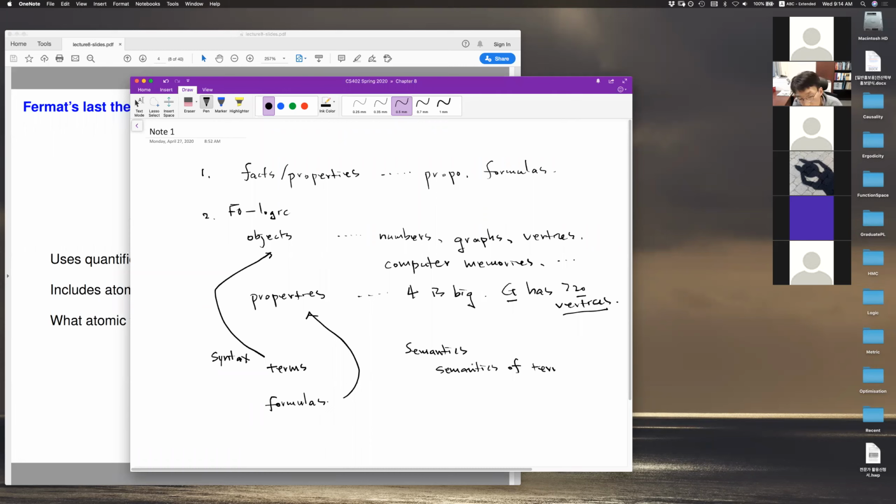So if I have some syntactic entity that denotes a term, this semantics says what kind of object is denoted by this syntactic entity. That's what the semantics of terms will tell us. So this is the interpretation of terms. And then we will also have an interpretation of a formula.